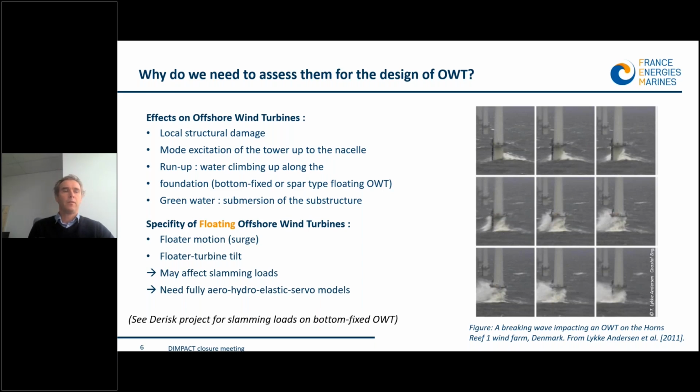I just mentioned the fact that probably the most advanced methods to address this kind of loads on bottom fixed offshore wind turbine were derived in the DERIS project for bottom fixed turbine. On the right hand side, you have an illustration of breaking wave impact on a bottom fixed offshore wind turbine in Denmark.